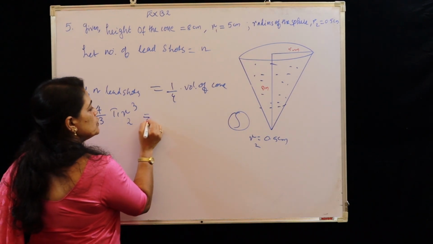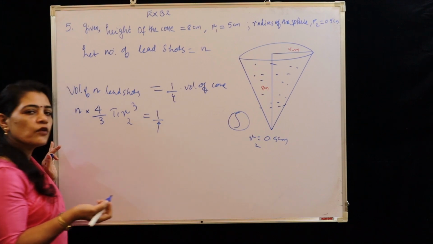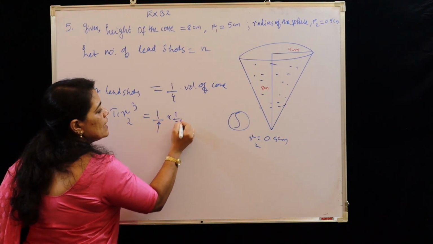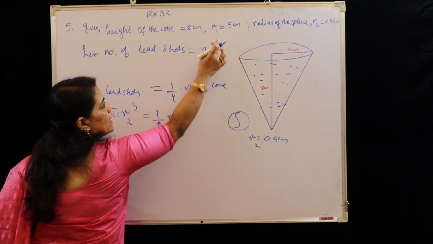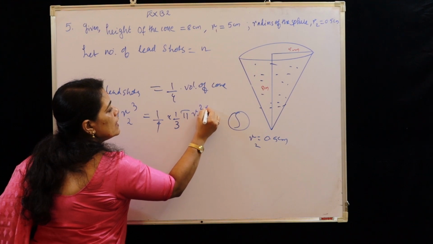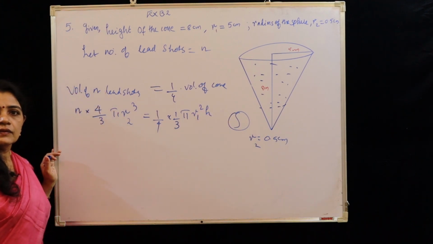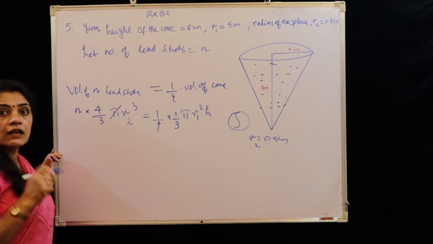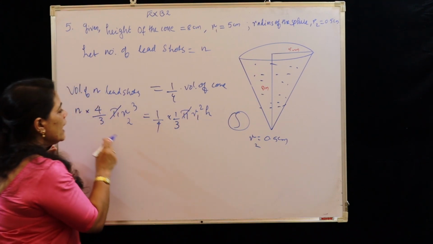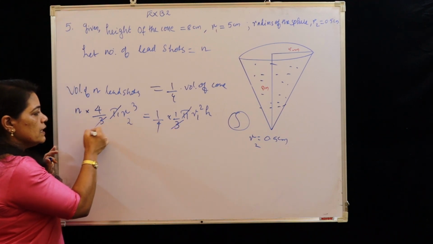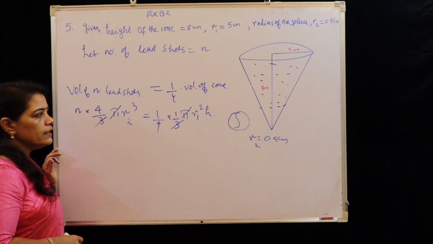That is equal to 1/4 of the volume of the cone, which is 1/3 pi r square h. We have taken the radius of the cone as R1, so 1/3 pi R1 square h. From both sides we can cancel pi, and the denominator 3 on the LHS and the denominator 3 on the RHS can also be cancelled.